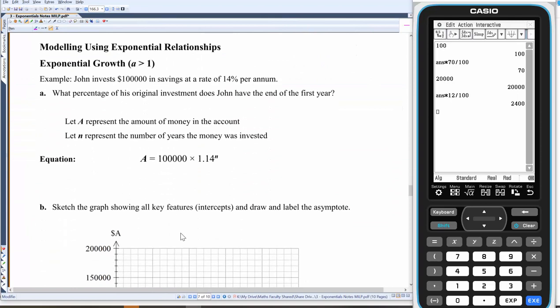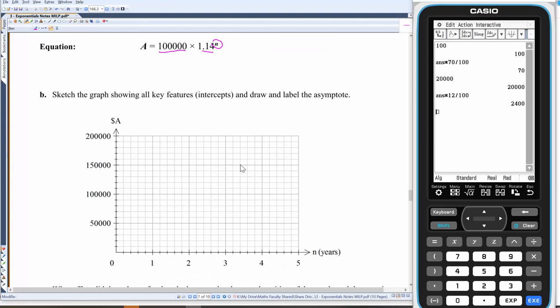So let's graph a couple of these. We've got John investing 100,000 at a rate of 14%. So note this is our start value here, this is our A value, and this is our n, number of years. So let's draw our graph of this. Our start value is the 100,000 that John invested. So that's where we're going to begin, and we're going to do a closed circle there.